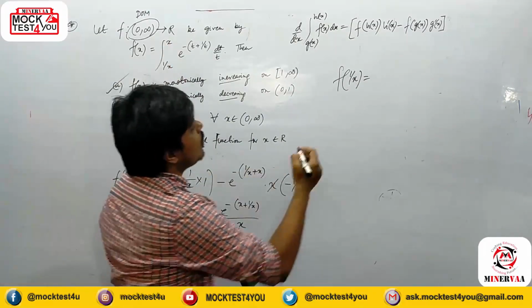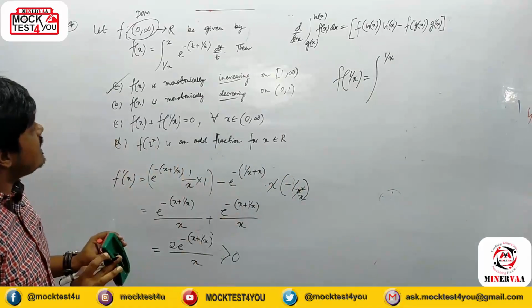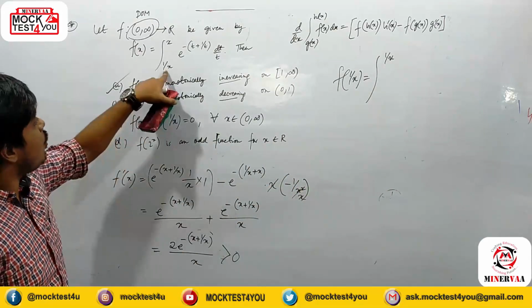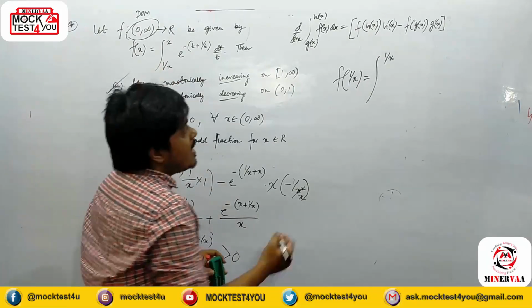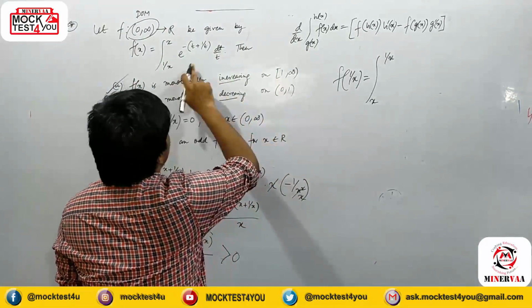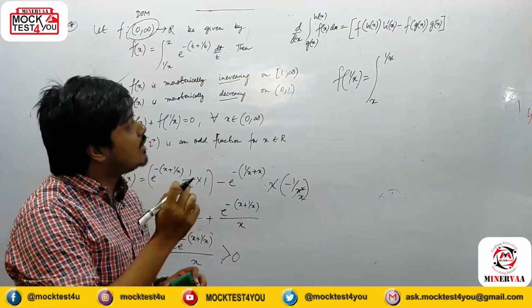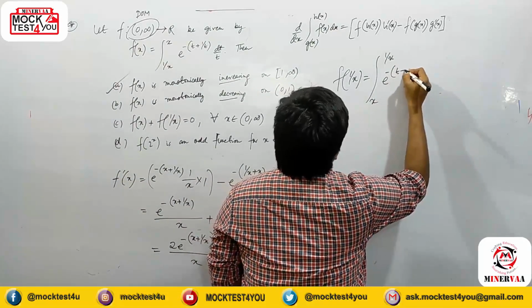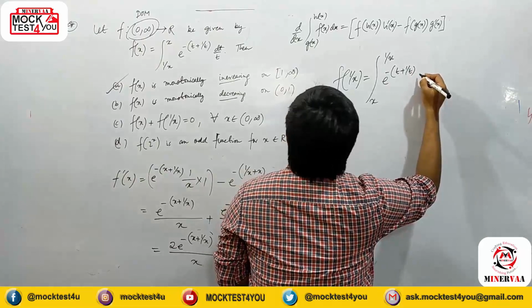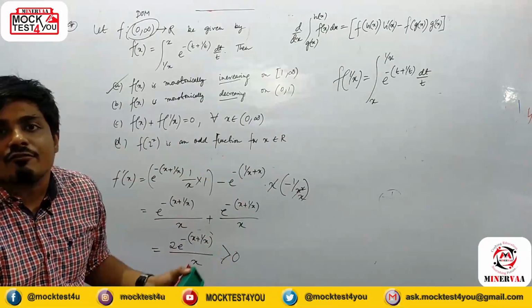I just keep my eyes closed, and wherever I see x, I put 1 by x. 1 by x becomes 1 by 1 by x, and that is x. The t nothing will be changed. Only I will change the x into 1 by x. So the inside function will be the same. t plus 1 by t, dt by t. So this is it. That's my f of 1 by x.